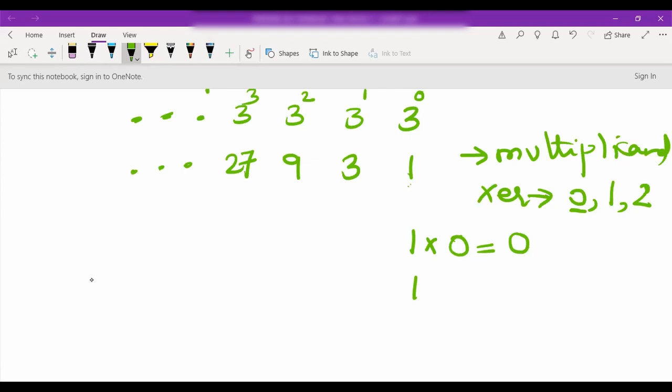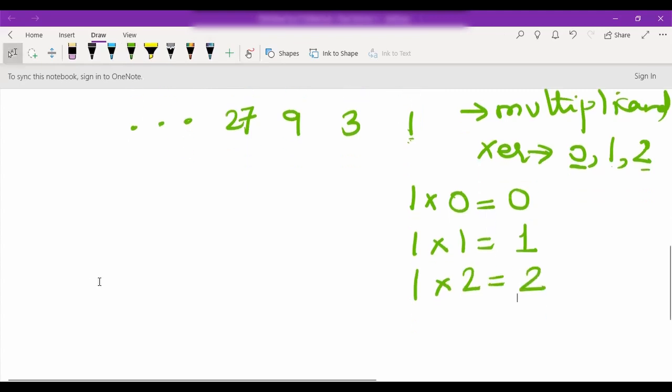So if I multiply 1 with this multiplicand 1, I will get the product as 1. So this is how I generated number 1. Now I will generate number 2. The nearest number for number 2 is number 1. I will take multiplicand as 1 and multiply with the multiplier 2. So 1 into 2, I will get number 2.